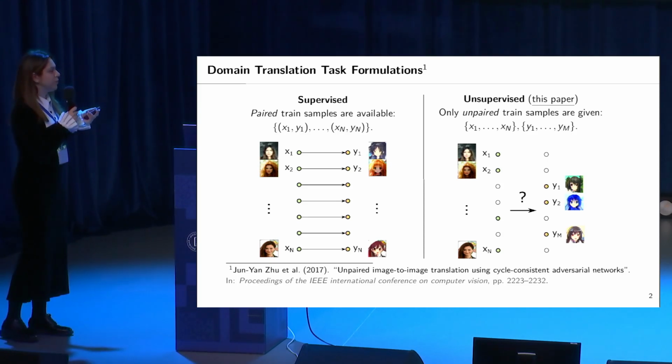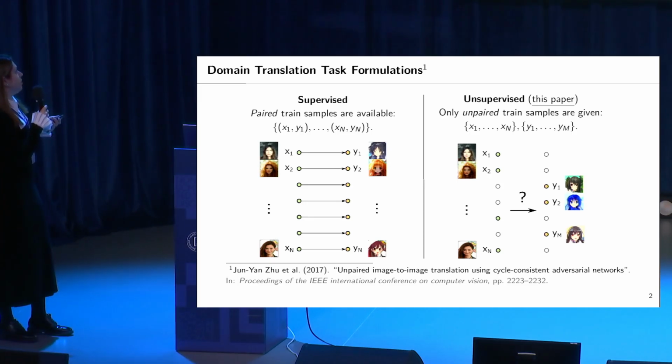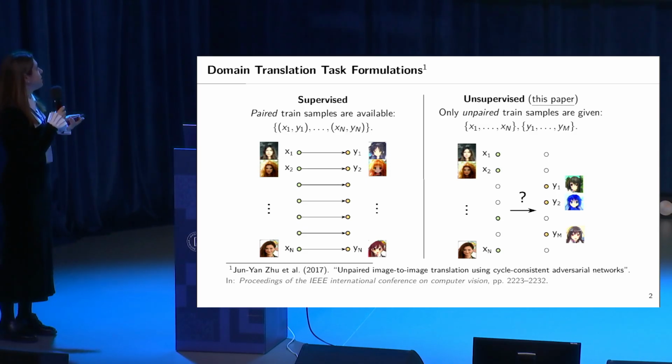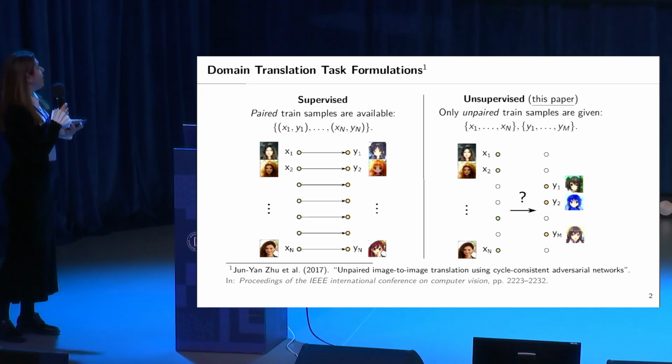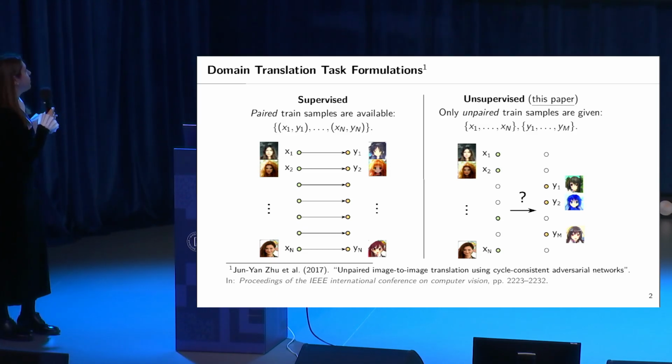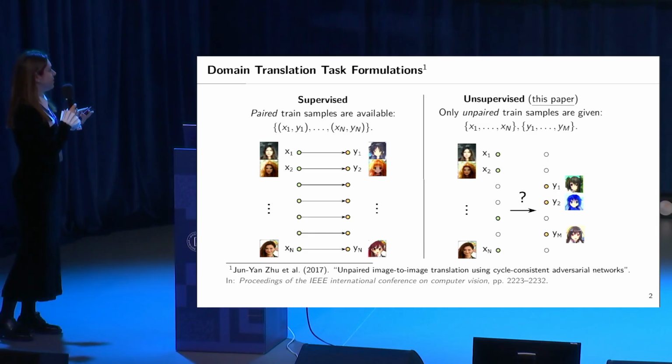In a supervised formulation, the learner is given training pairs of samples, source-target pairs, and this task can be solved using common standard supervised methods. But in practice, it is common that we do not have paired samples. There might be different reasons for it.